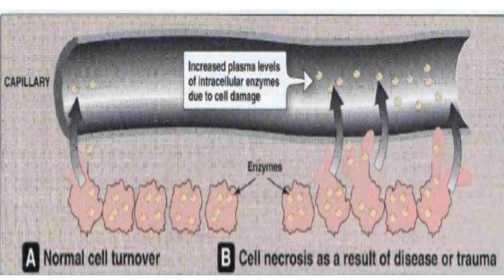But when there is extensive tissue damage, like in hepatitis, or there is muscle trauma or an injury to the muscles, what will happen? There will be destruction of cells. A massive number of cells are destroyed, and the intracellular enzymes leak into the plasma. So you can see the difference between a normal cell turnover and what happens when there is cell necrosis as a result of disease or trauma.